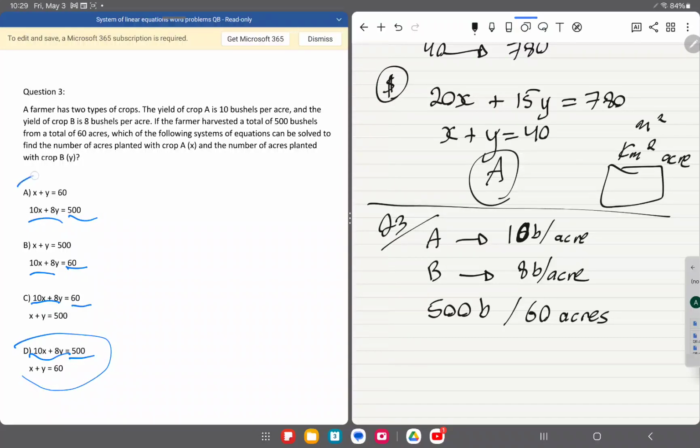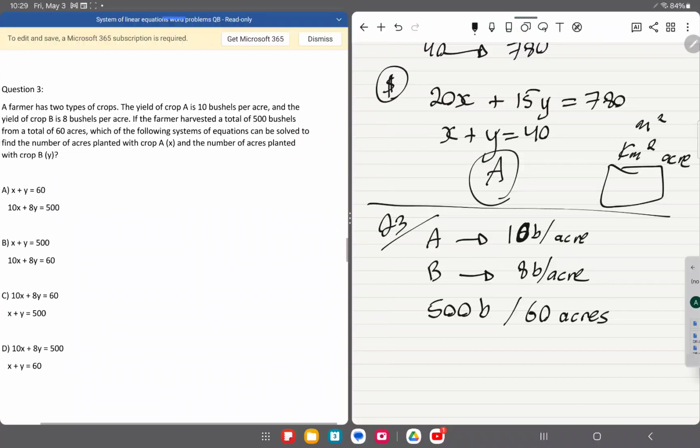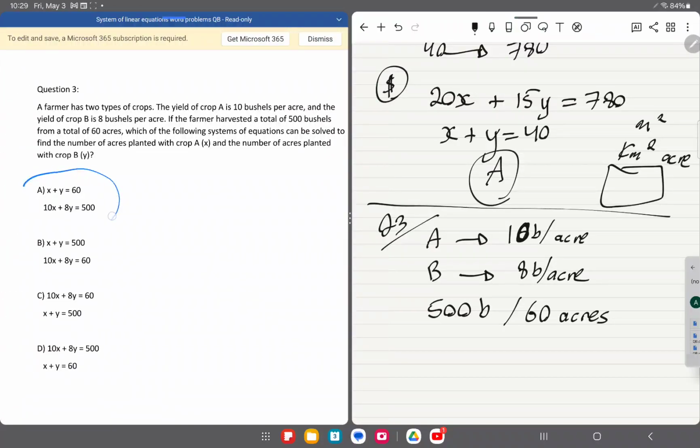So you do have these two common. So x plus y is equal to 60, and 10x plus, these are exactly the same. Am I mistaken? No, both of them are exactly the same.